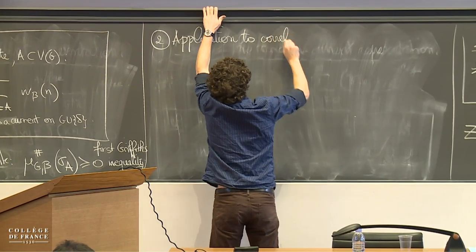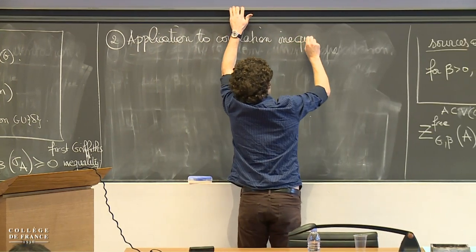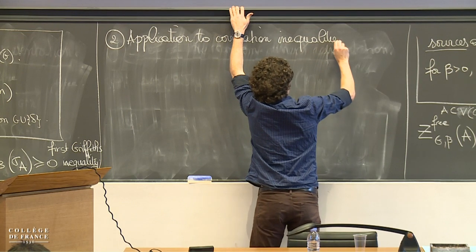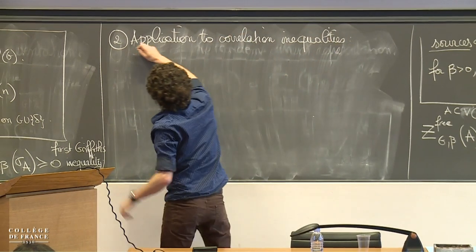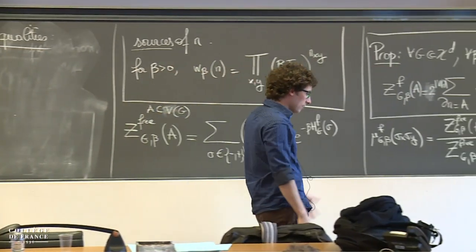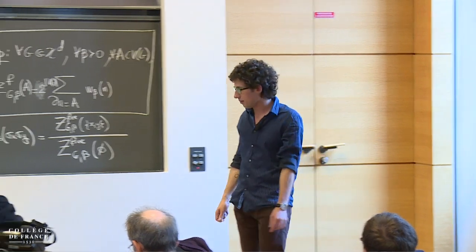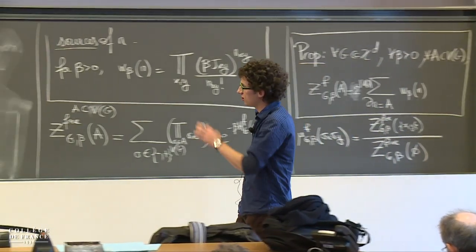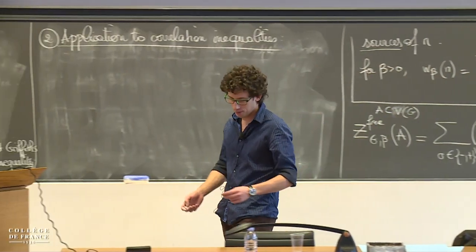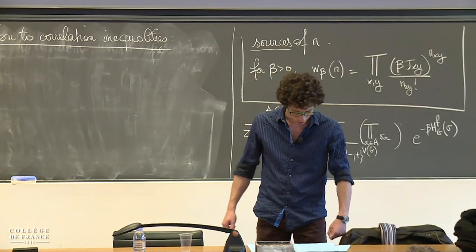Correlation inequality. So I should say this is why it was introduced first, by Griffiths in particular. And it was made popular by Aizenman. I hope that at the end of the talk I will manage to tell you exactly what was the original paper by Aizenman that made it so famous.